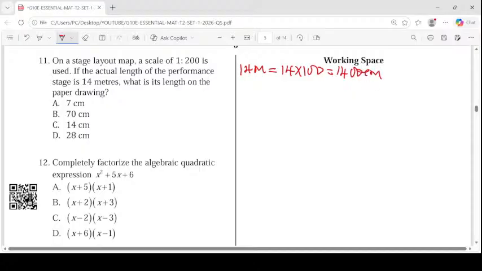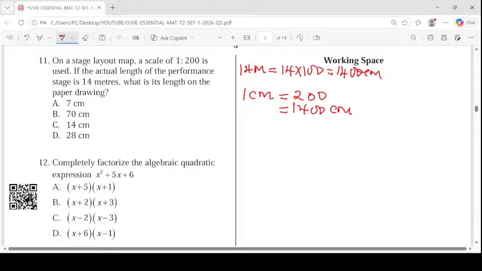Then I'll say, if 1 centimeter on a piece of paper is equivalent to 200 centimeters on the actual ground, what about 1400 centimeters on the actual ground?